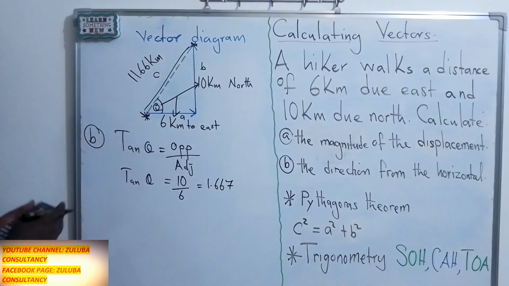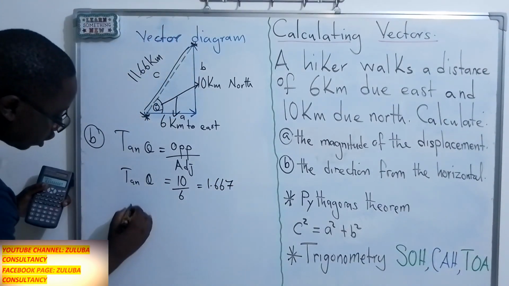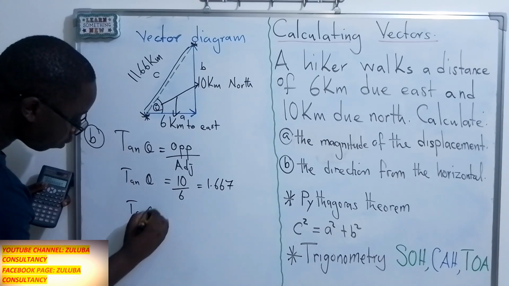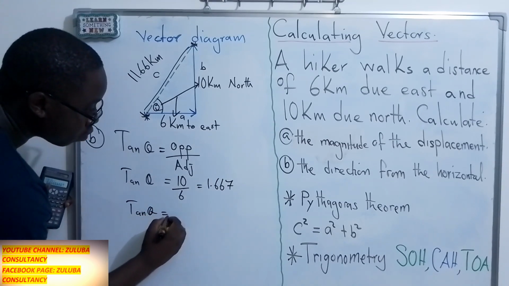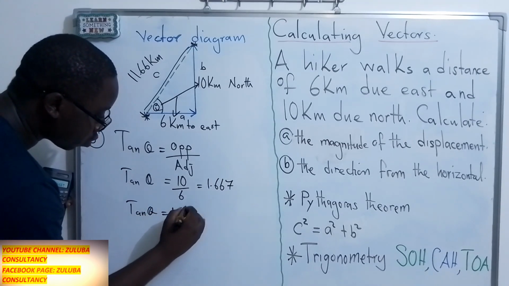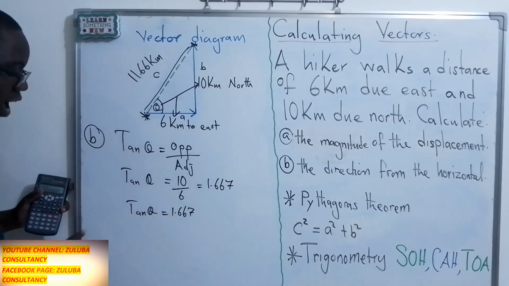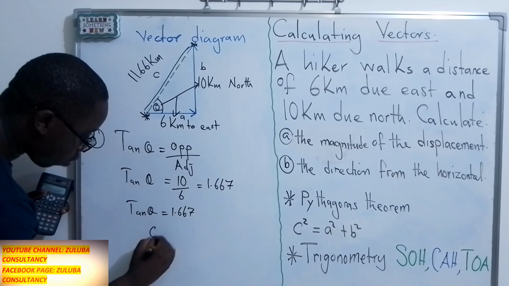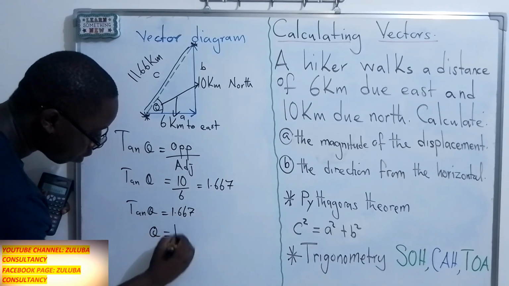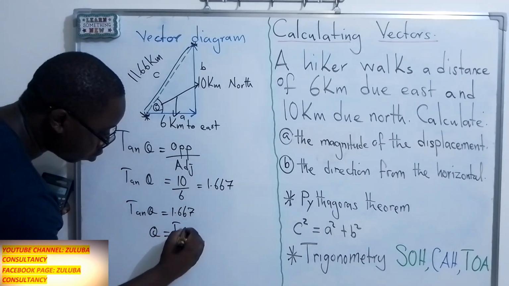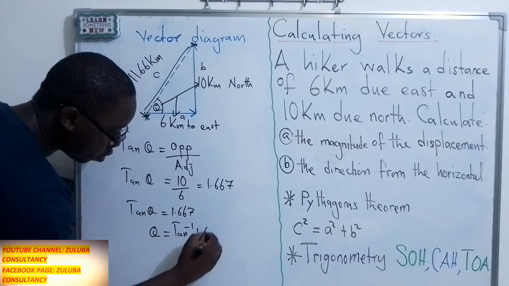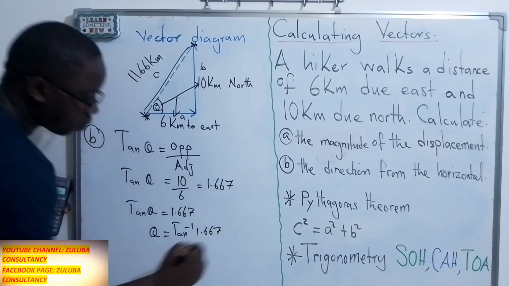So tan theta is 1.667, and we want to get the angle, which is theta. So when you use this, we say theta is equal to tan inverse of 1.667.